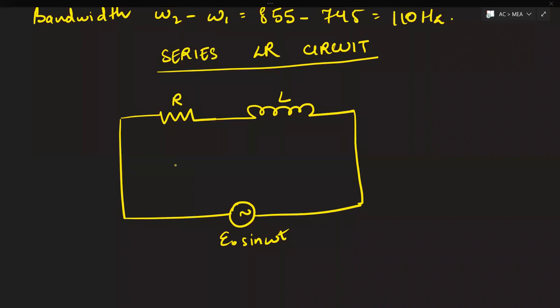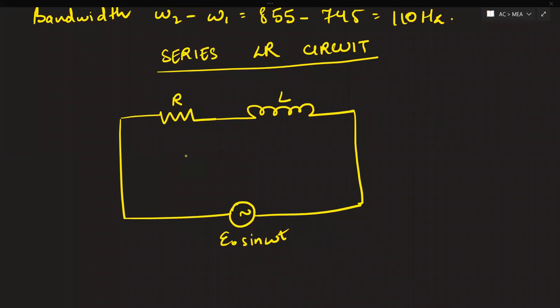So yes, Samira, what's the phase difference between the current and voltage in the case of a resistor? The circuit containing only a resistor.